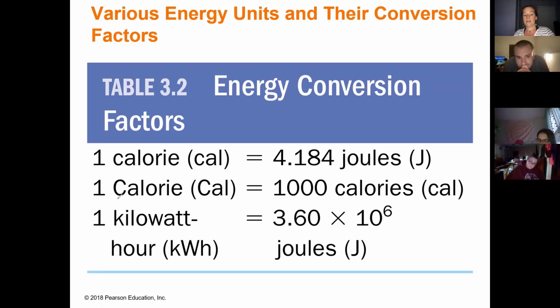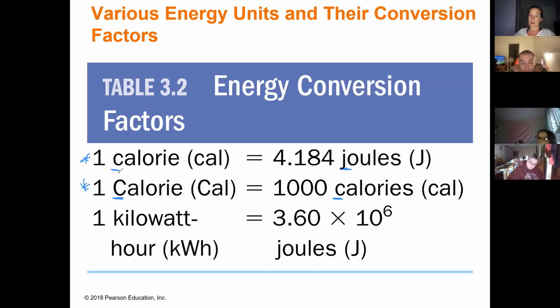Notice that big C calorie does not relate to joules. Big C calorie relates to little c calorie, and then little c calorie can be switched to joules. So it's like a two-step problem. So write these two top conversion factors down if you don't have them.